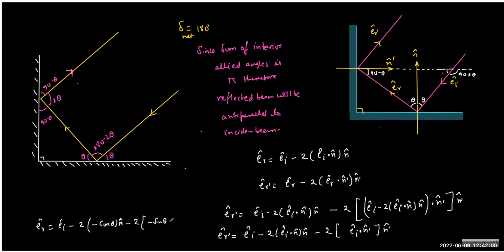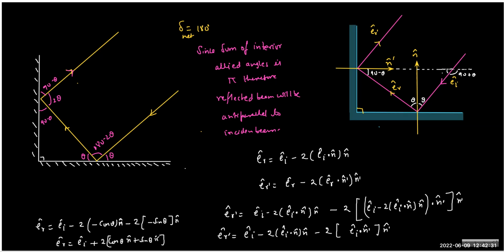Isn't it? So sin theta n dash. Cos theta n cap and sin theta. Basically, this is ER, isn't it?